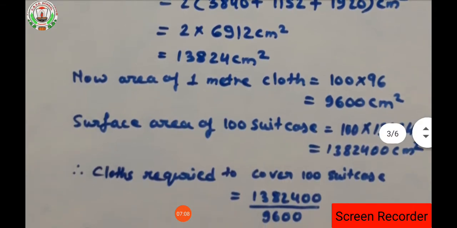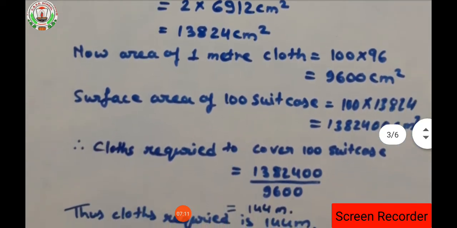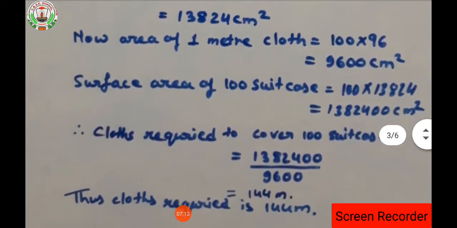The total surface area of 100 suitcases, how are you going to find? You are going to multiply 100 into 13,824. You will get the answer as 13,82,400 centimeter square.